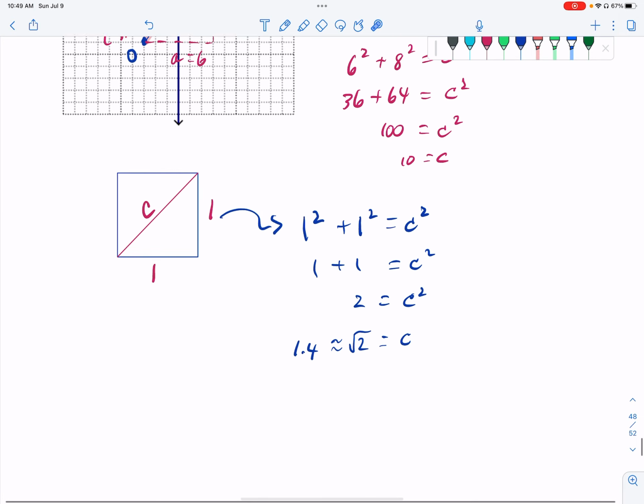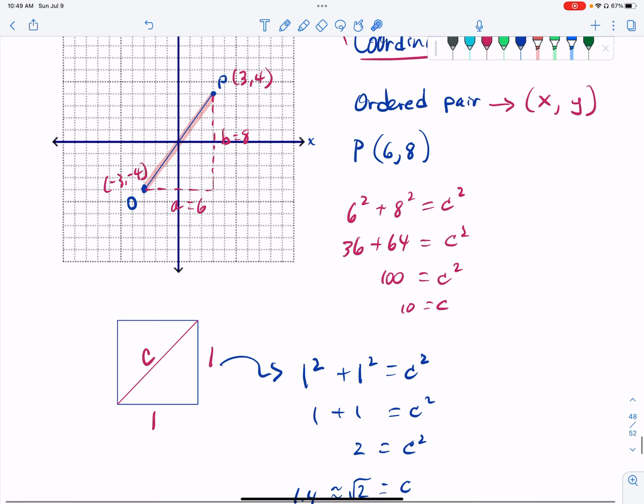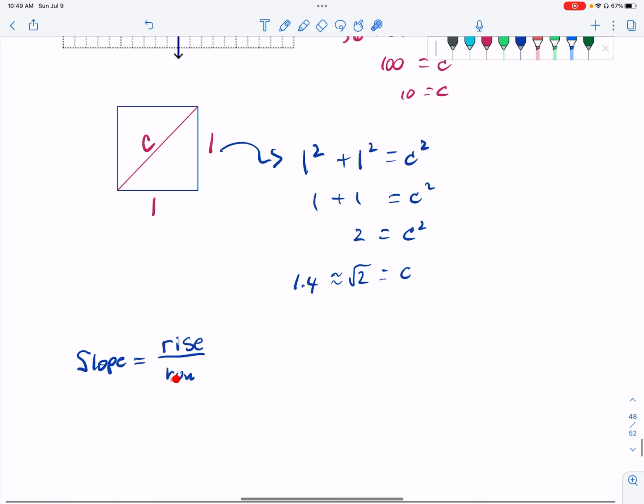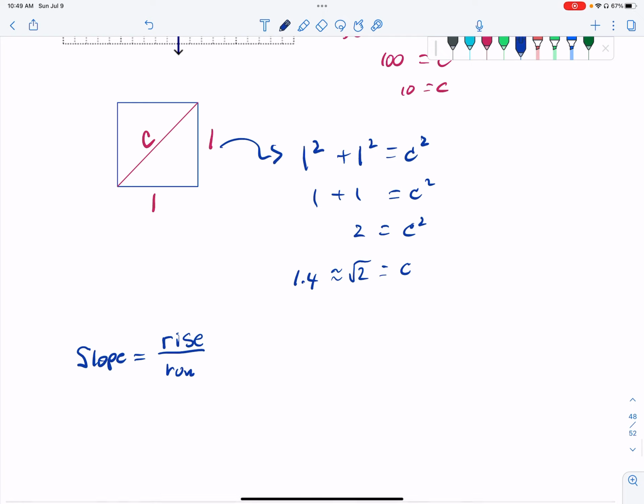And the slope formula looks like this. Slope is equal to the rise over the run. Now the rise has to do with the y coordinates here, and the run has to do with the x coordinates here. In terms of a formula, that looks like this: y2 minus y1 over x2 minus x1.